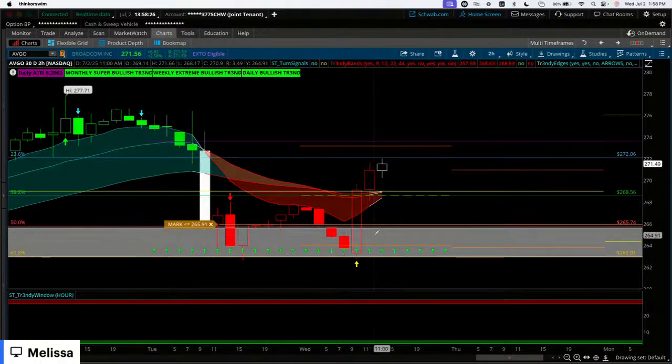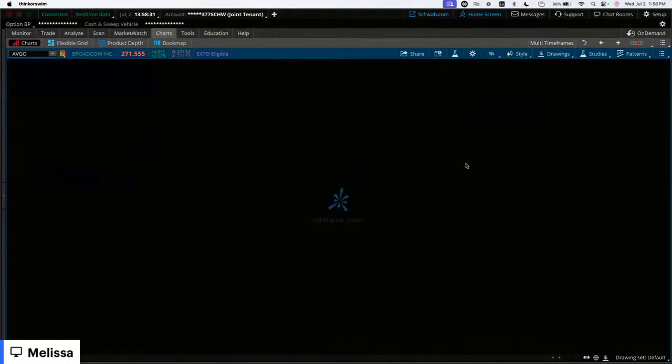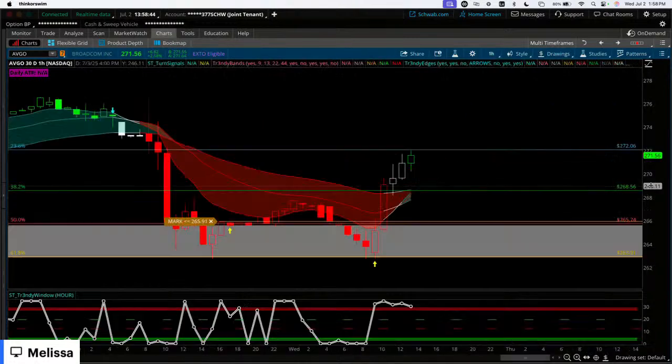I look at the next 2 hours or whatever smaller time frame you've gone down to. Wait and see if that next candle then makes a higher low, or that next candle we get a trendy turn signal on it. Okay.